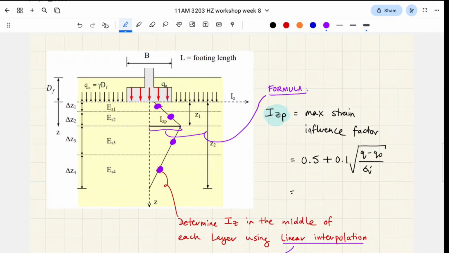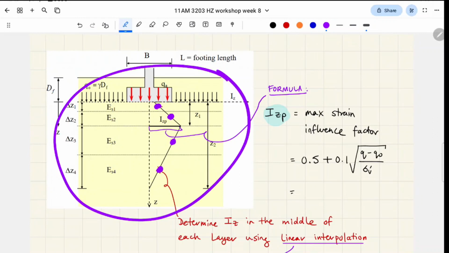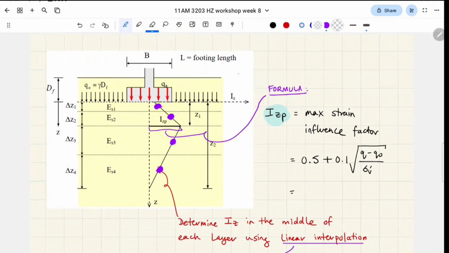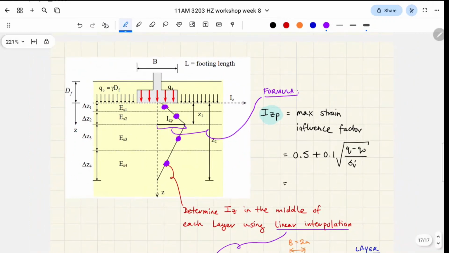IZ, by the way, is our strain influence factor. This drawing doesn't represent quite our question, it's going to look slightly different. This is just a general case. We want the IZ in the middle of each layer that we have data on.